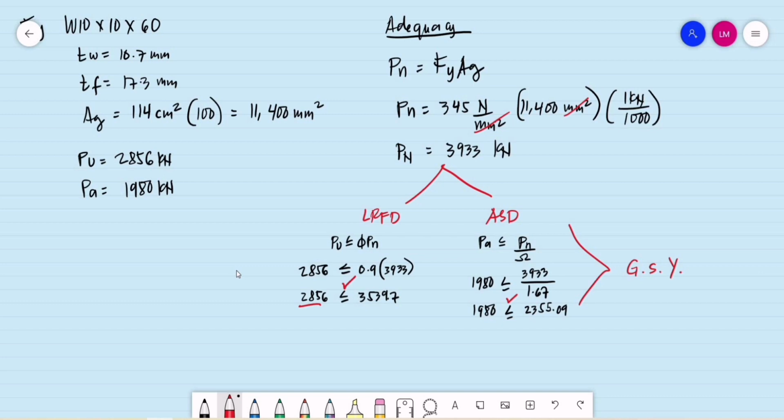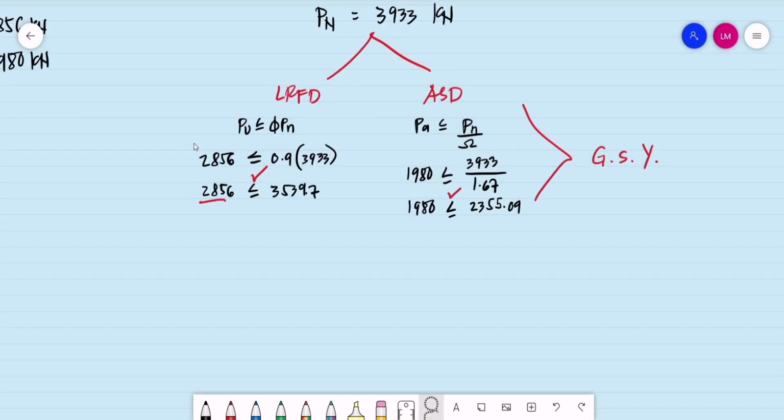Okay, so let us check TRS. So for the TRS, the nominal strength, Pn, is Fu multiplied by Ae. Or this is the same as Pn is Fu multiplied by the shear lag factor, then multiplied by the area gross minus the area of the holes.